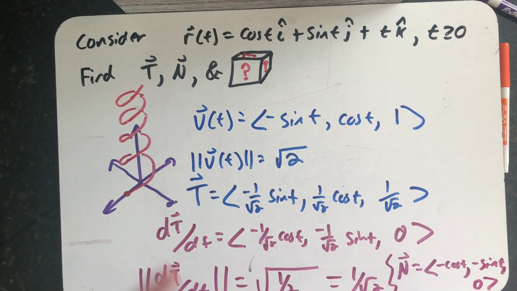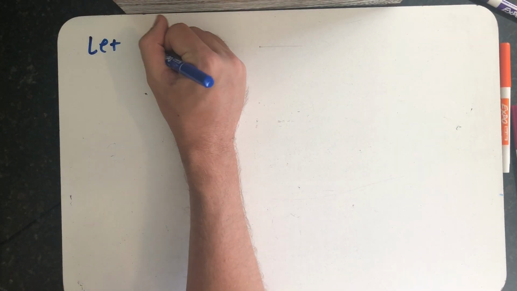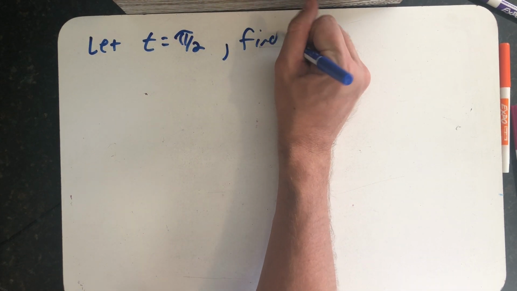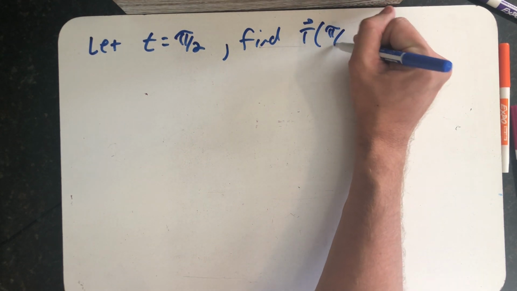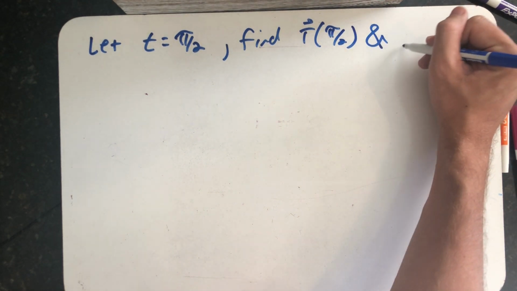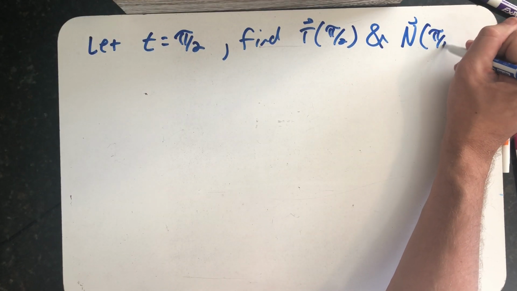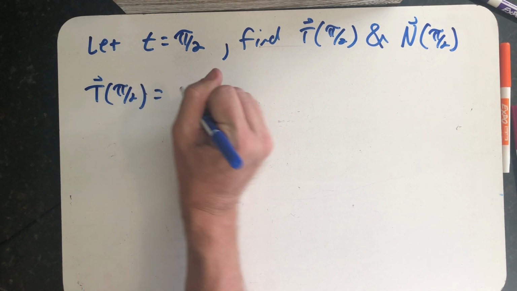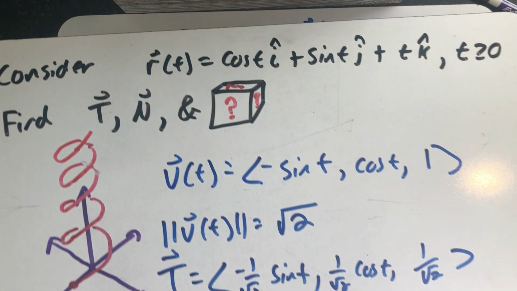All right. So I know big T, I know big N. Let's actually think about big T and big N for a particular value of t on this helix. Let's let t equal pi halves. I want to find big T at pi halves and big N. All right, so big T at pi halves.